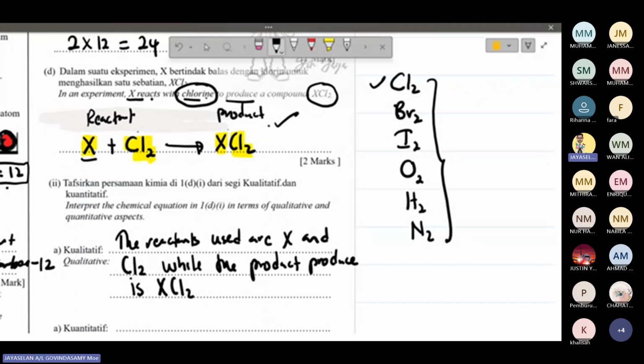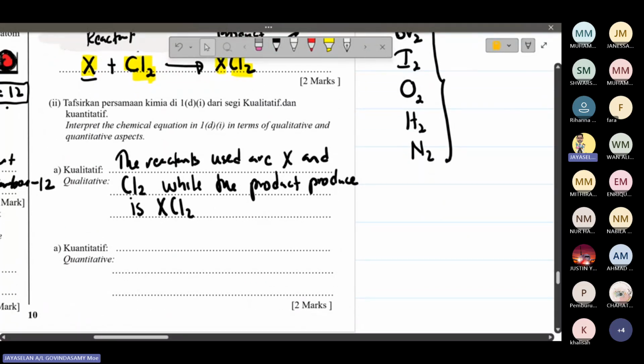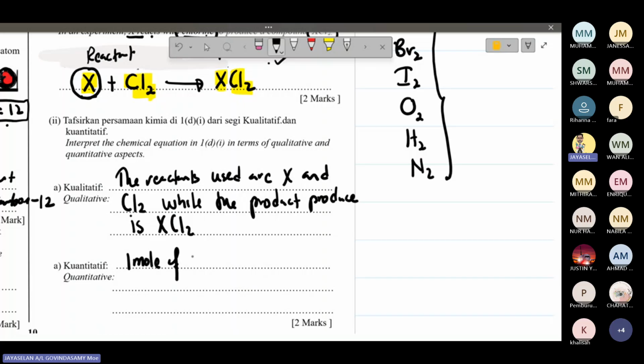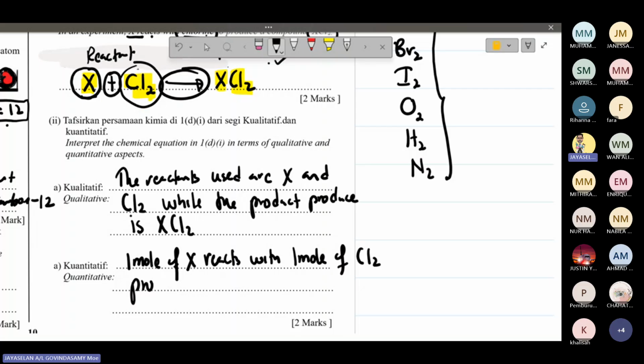Now I want to describe quantitative. Quantitative means we need how many numbers. There is no number in front here, right? So you put here 1 mole of X. This symbol, you put reacts with 1 mole of Cl2. This arrow, you put what?